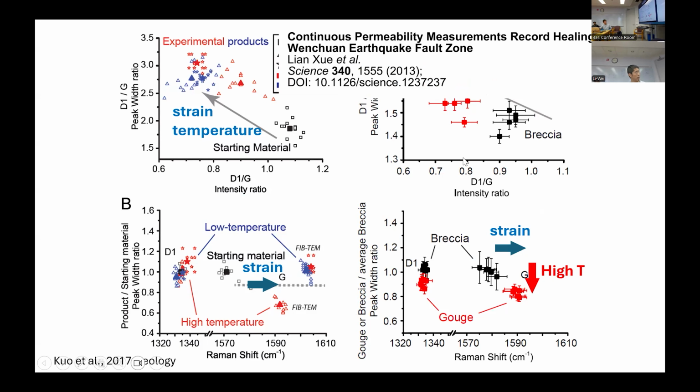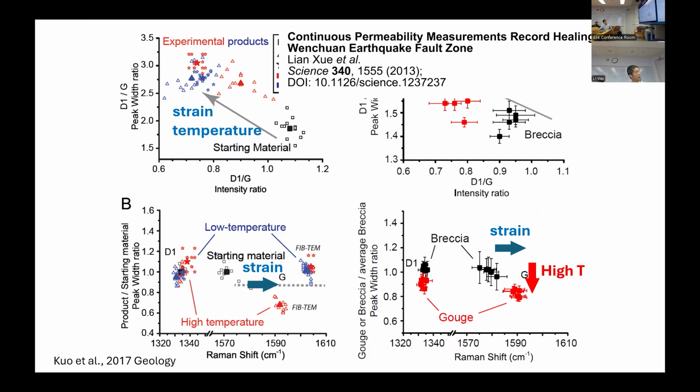And another paper in Science showed there is really co-seismic fluid drainage during or after an earthquake. They did water level measurements for a long period of time, and they realized that after an earthquake, the permeability increases and then drops down.